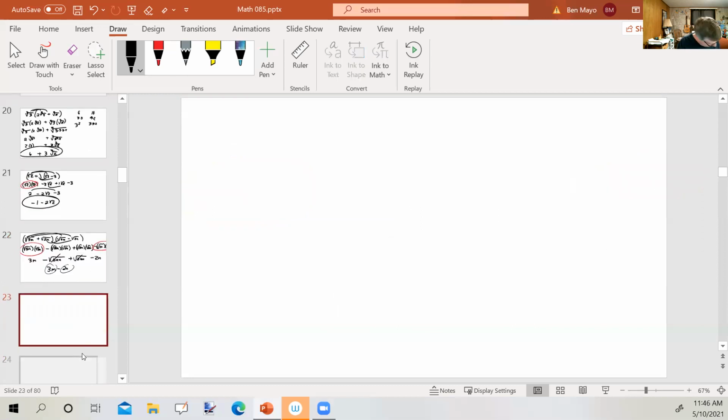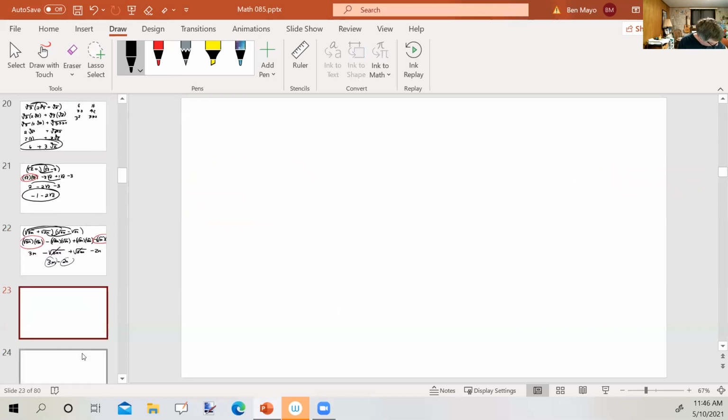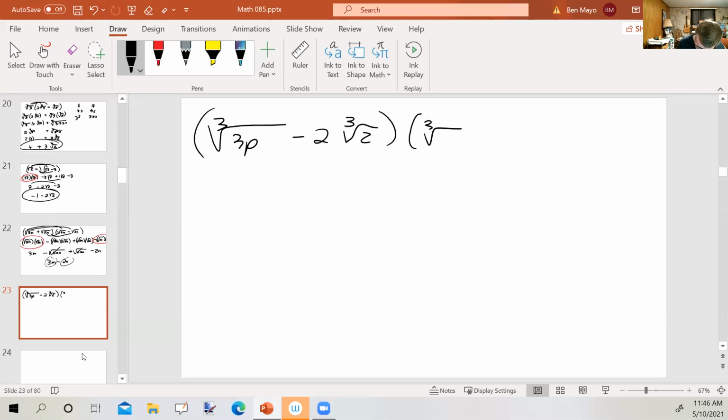Okay, how about this one? Let's see. The cube root of 3p minus 2 cube roots of 2, all times the cube root of 3p plus the cube root of 2.